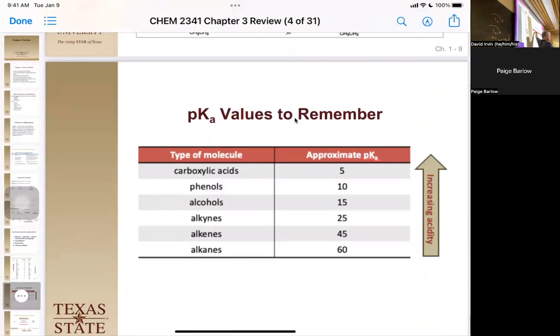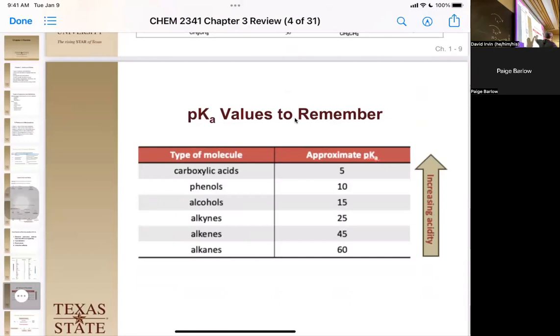Carboxylic acids, pKa 5. Phenols, pKa 10. Why? Resonance. Alcohols and water, pKa 15. Why? Because the charge is stuck on the oxygen here, it's resonance here, and it's spread over 2 oxygens here. So that's why our trend is here.